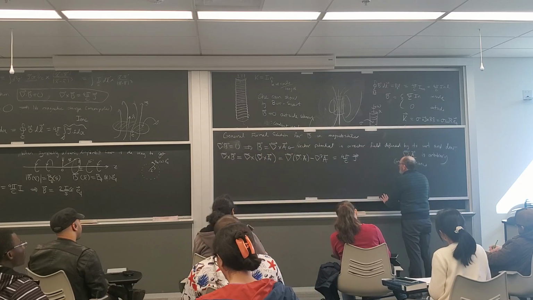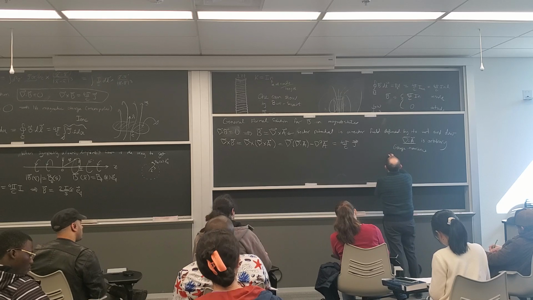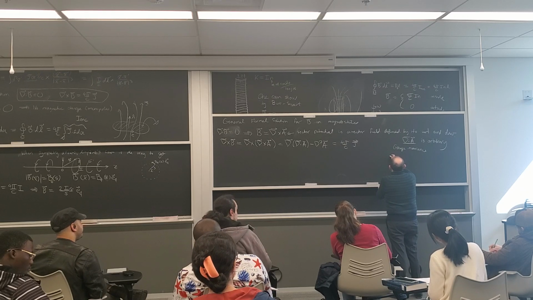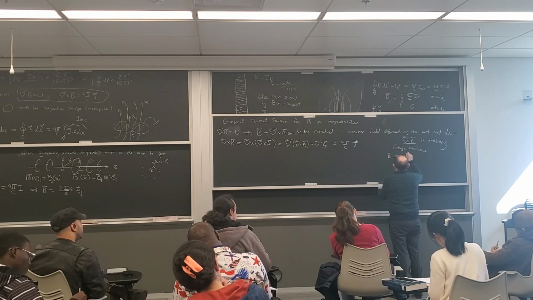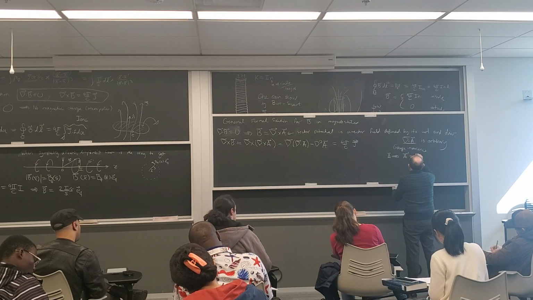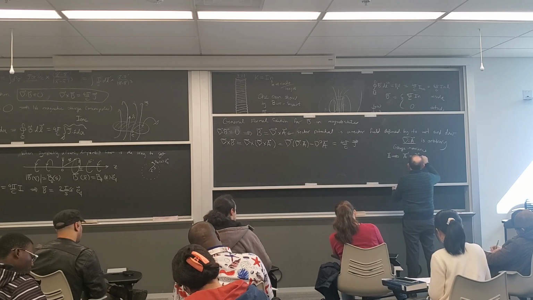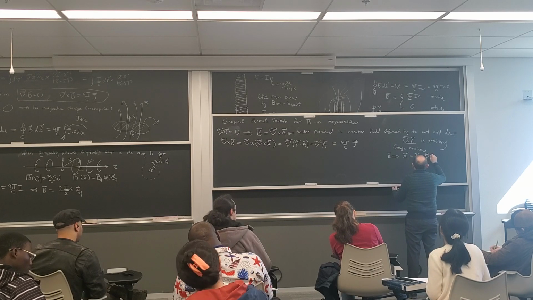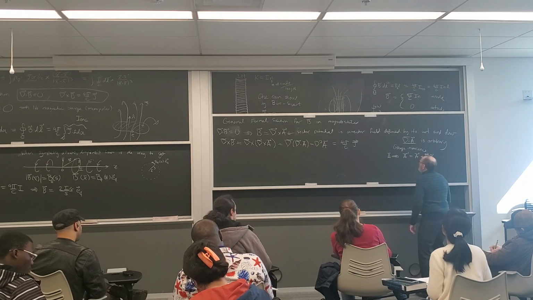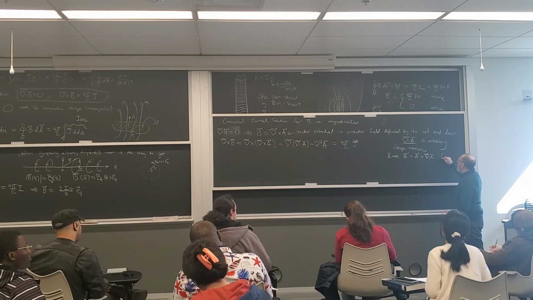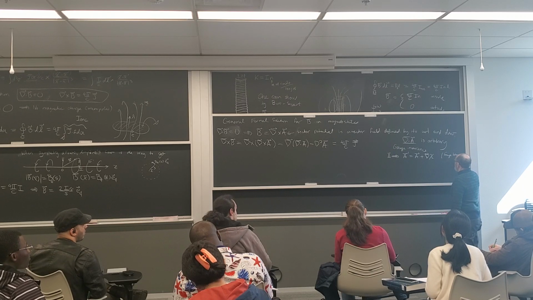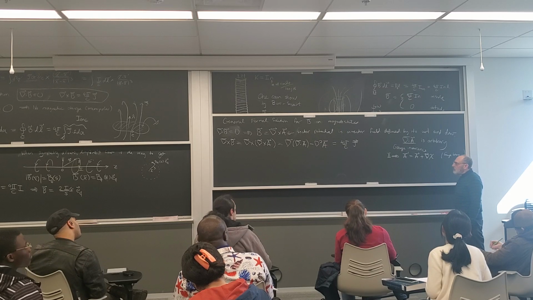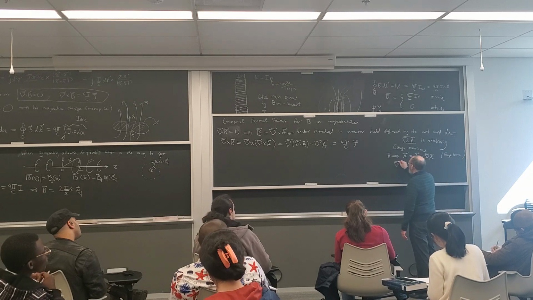So what this tells me is that if I take A and I transform it to a new A, which I'll call A prime, by adding something which is the gradient of a scalar field, that's known as a gauge transformation. Suppose I did that. Would it change anything? The answer is no, because what is the curl of A prime?